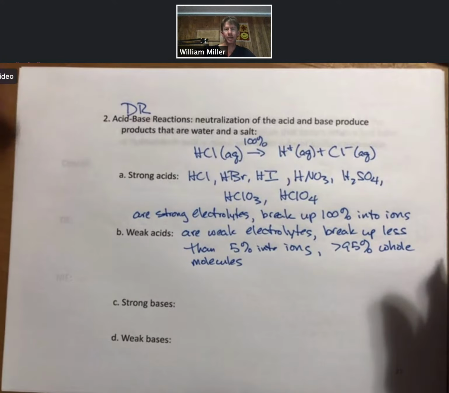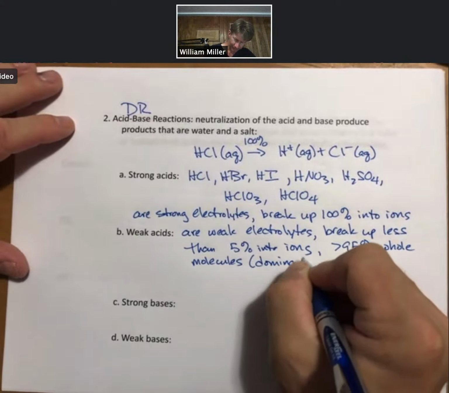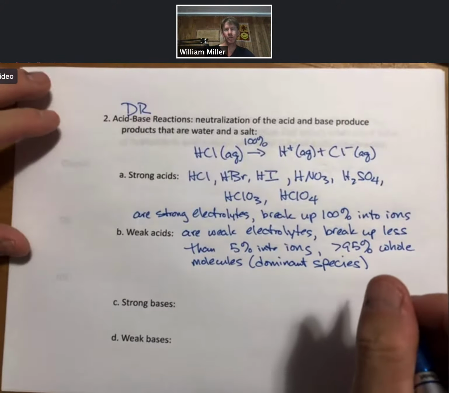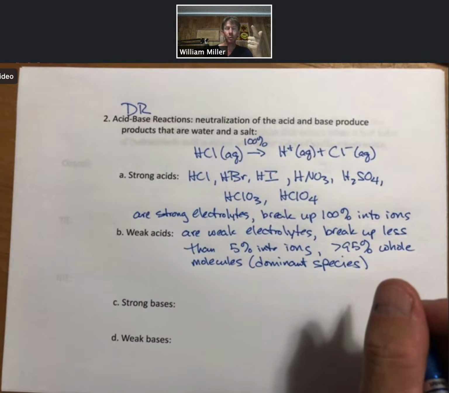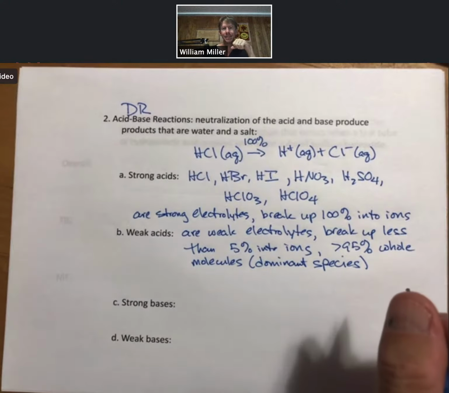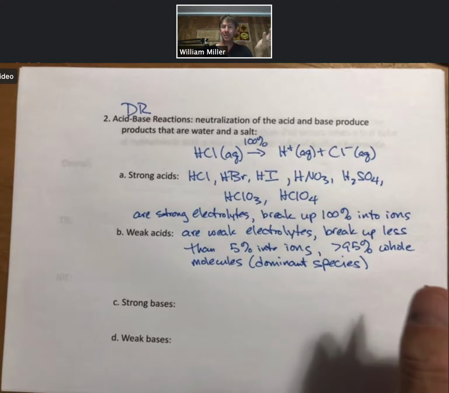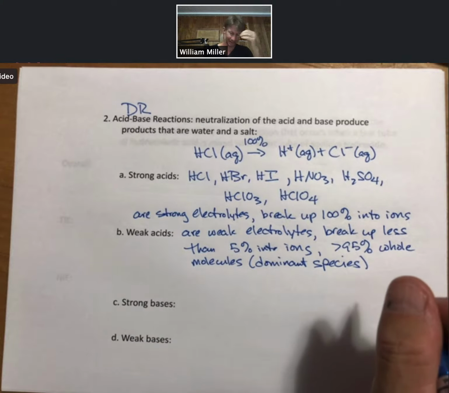And so what we call the 95% part is the dominant species. When we write total ionic and net ionic equations, we will write the dominant species. That's why in my previous slide it said weak electrolytes stay together, do not break them up into ions. That's because they don't break up into many ions at all, and it is not the dominant species.